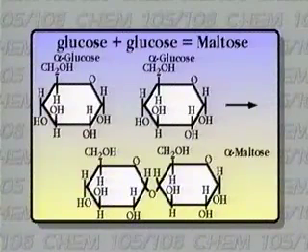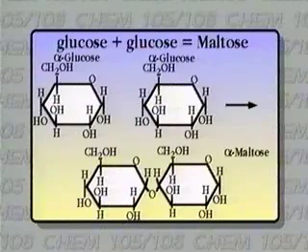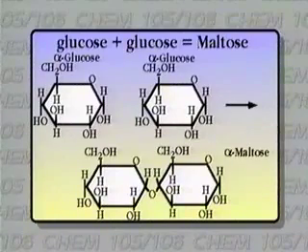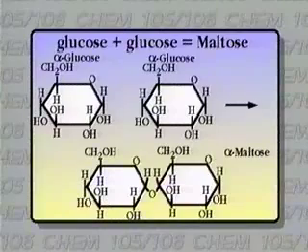Malt, which is a part of the brewing process, contains maltose. Maltose is the first sugar that we're using in the beer brewing industry, which will finally be broken back down into glucose. And then once it's in the form of glucose, it will begin undergoing the fermentation process to ethyl alcohol.